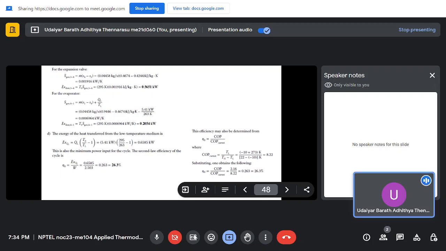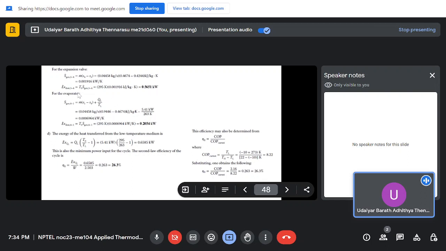Similarly, in the expansion valve there is no heat transfer, so the entropy balance will come out to be the change in entropy. So change in entropy into m dot into T naught will give me exergy destroyed. It comes out to be 0.5651 kilowatt.